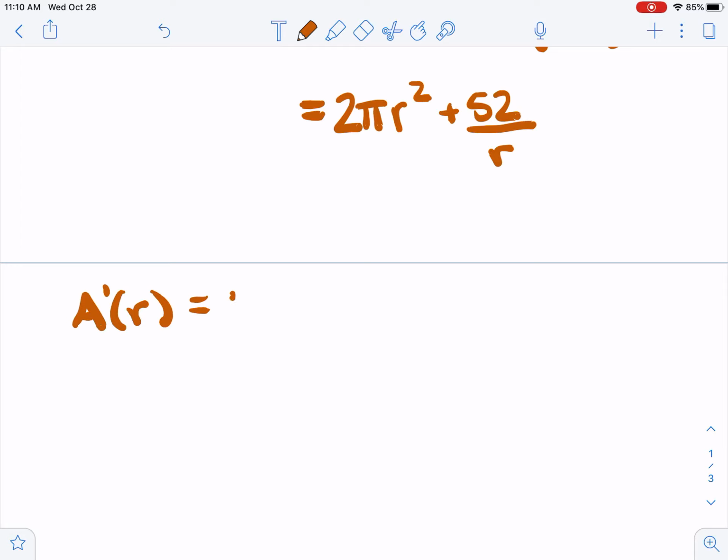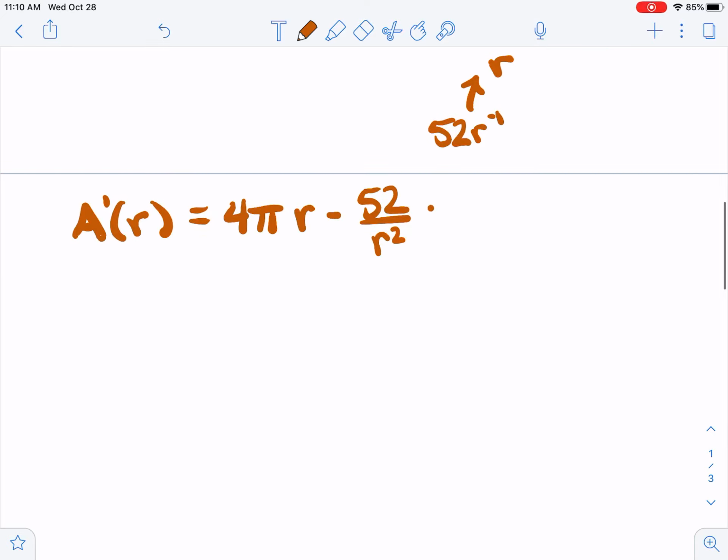A prime is 4 pi r minus 52 over r squared. And remember, to do the derivative of 52 over r, we can write that as 52 r to the minus 1, and then use the power rule on that. So we have the derivative. We want to know where the derivative is equal to 0. Those are the critical points. So we set that equal to 0.